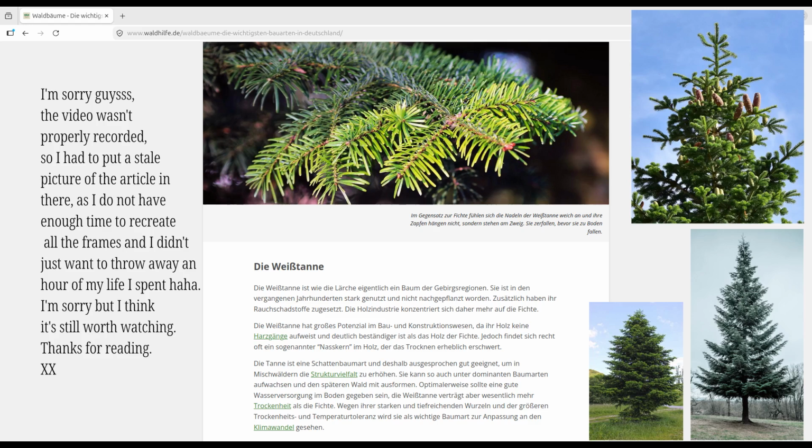Geeignet. This the rest of the word eignen, which means to be suitable, or for example in the word aneignen, it means to acquire, because there's also the rest of the word eigen, which means own, basically. Mein eigenes Buch, for example.